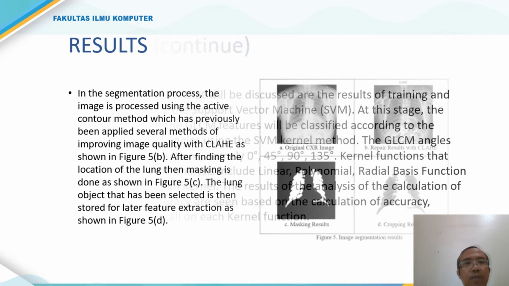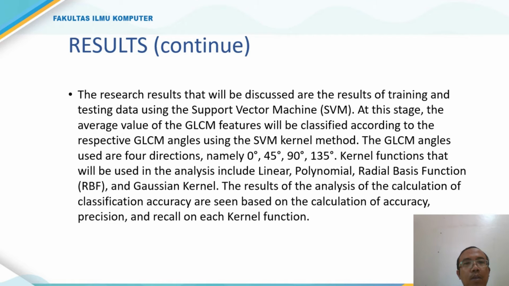Results continue. The research results that will be discussed are the results of training and testing data using the SVM. At this stage, the average value of the GLCM features will be classified according to the respective GLCM angles using the kernel method.